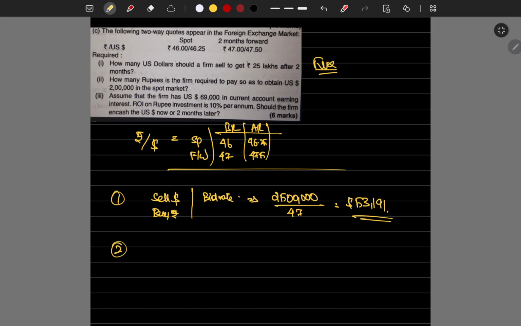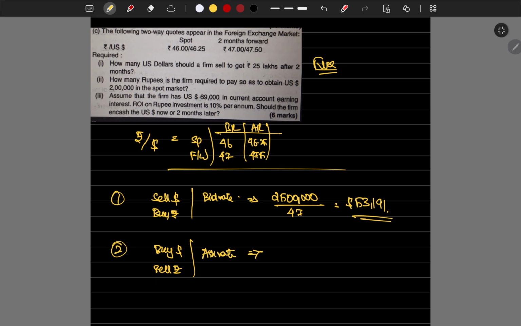The next question is, how many rupees is the firm required to pay so as to obtain US dollars 2 lakh in the spot market? They want dollars, they'll be buying dollars, selling rupees, right? If they are buying dollars, the dealer will sell at the ask rate.